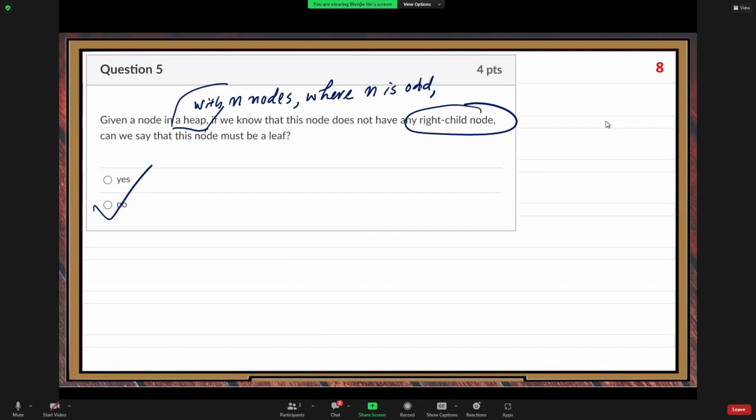Because if we have an odd number of nodes in a heap, then any internal node must have both a left child node and a right child node. Left, right, both. Okay? Internal node.